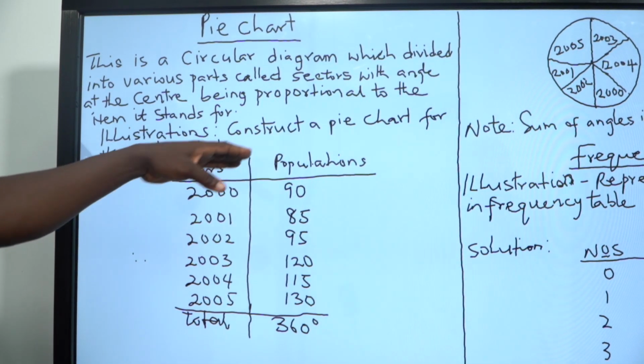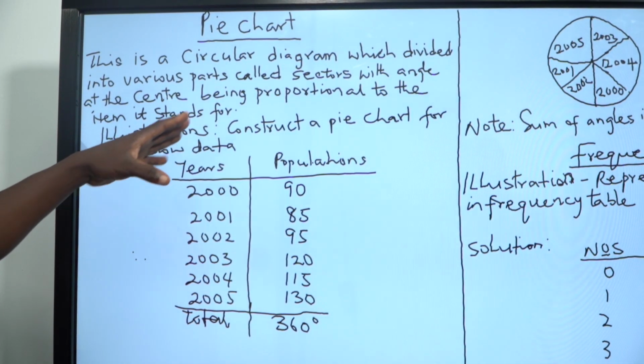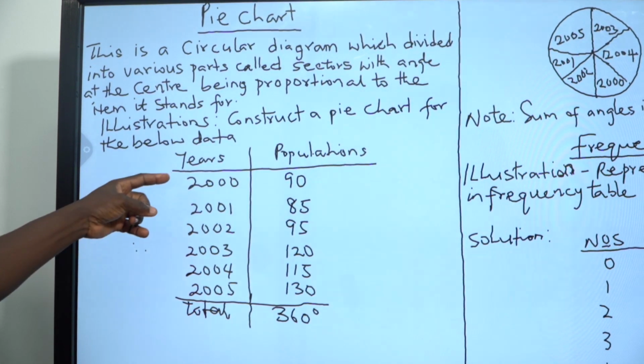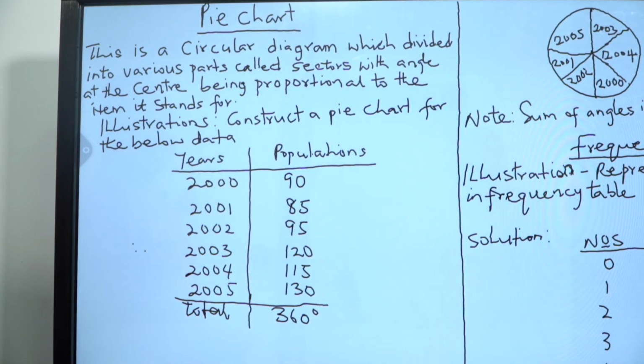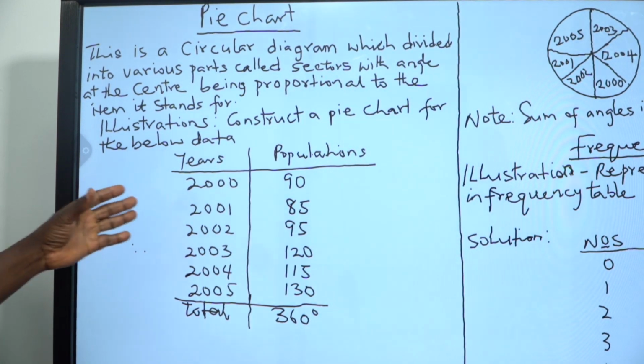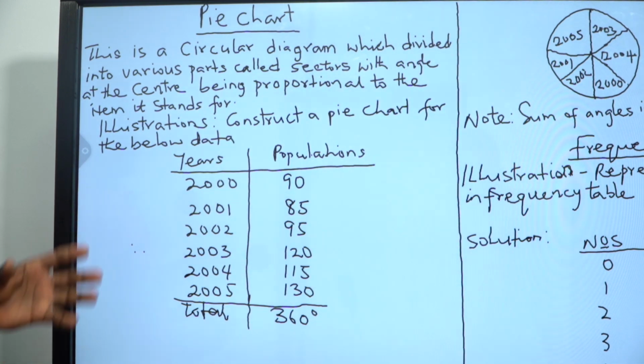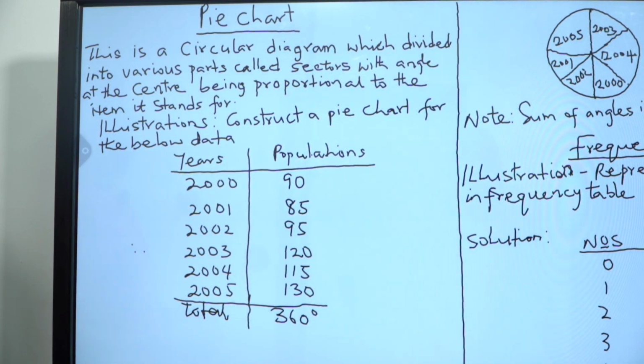Construct a pie chart for the below data. We have years and population. In the year 2000, we have 90 persons. 2001, 85. 2002, 95. 2003, 120. 2004, 115. 2005, 130.